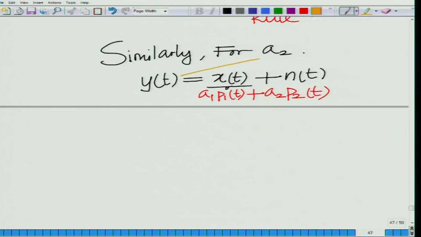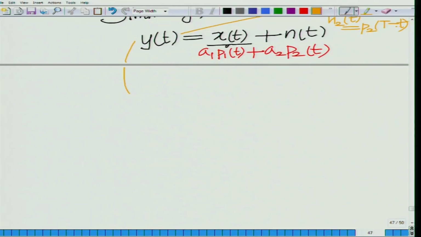Now, you matched filter this with H2 t equals P2 of T minus t, and that naturally gives you, when you match filter with H2 which is matched to pulse P2, the component corresponding to P1 will be 0.